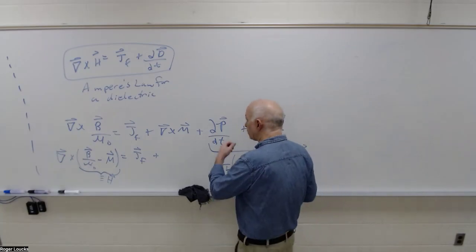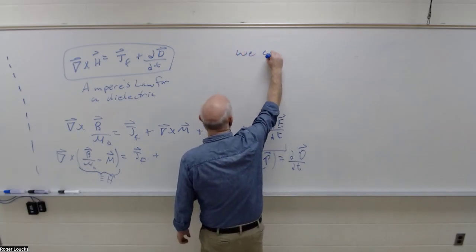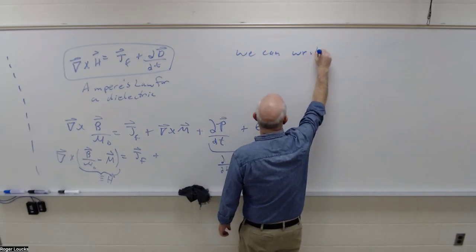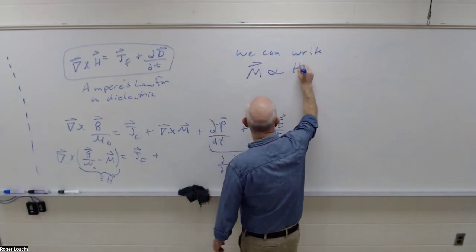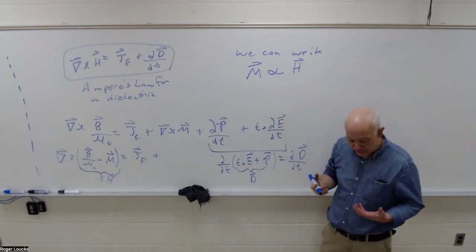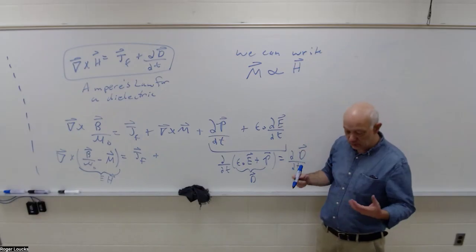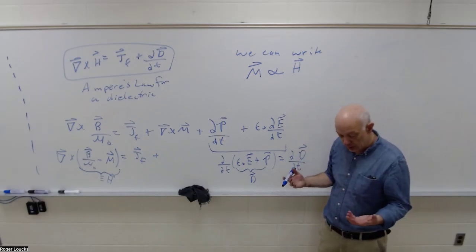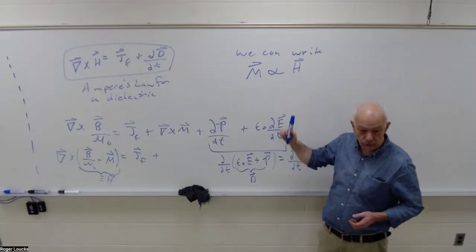Okay, so what else do we have here? So we said we can also say M is proportional to H. So I could have some free current moving things. That's going to create a magnetic field, which will create a torque. And so I can actually increase my magnetization by having some sort of free current.